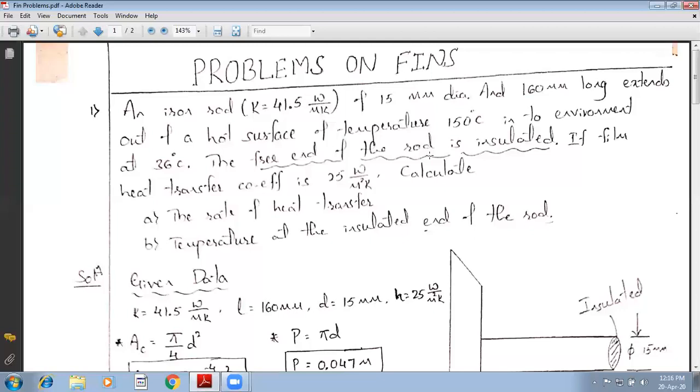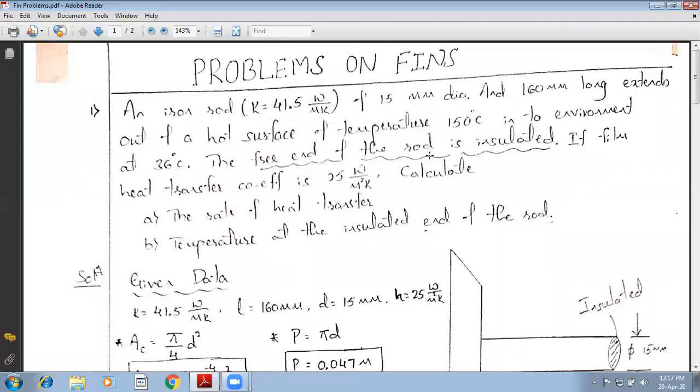The free end of the rod is insulated. If the film heat transfer coefficient is 25 watt per meter square Kelvin, calculate the first bit, the rate of heat transfer, second one, the temperature at which the insulated end of the rod is.